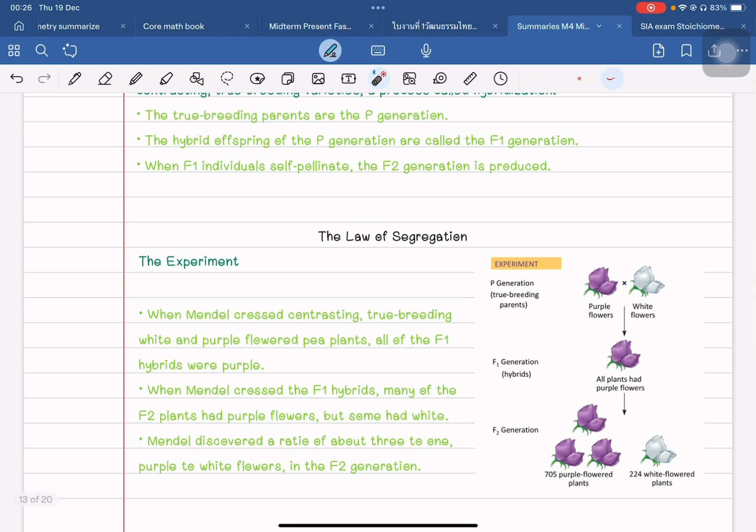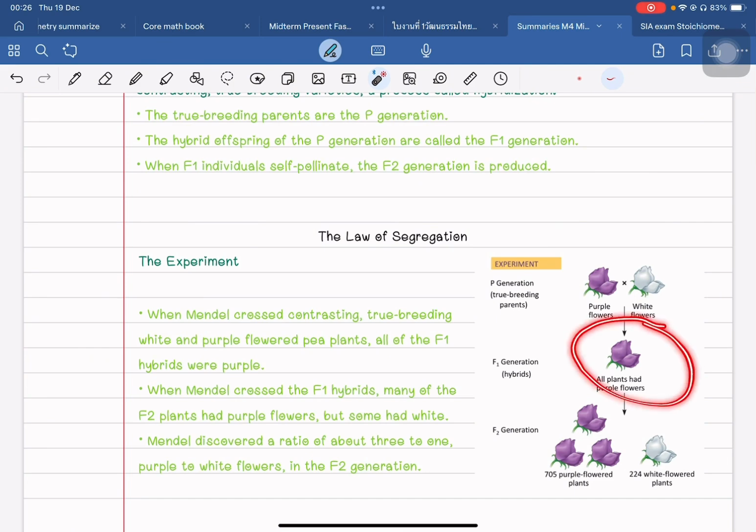Next, we're going to learn about the laws. We have three laws altogether. The first one is the law of segregation. The experiment is when Mendel crossed true-breeding white and purple flower pea plants. All of the F1 hybrids were purple.